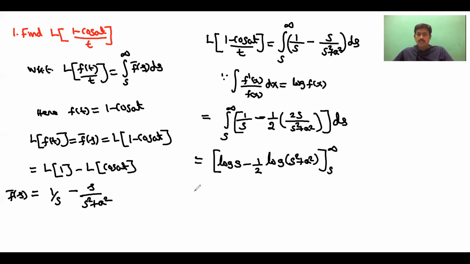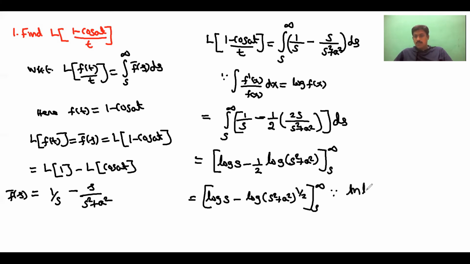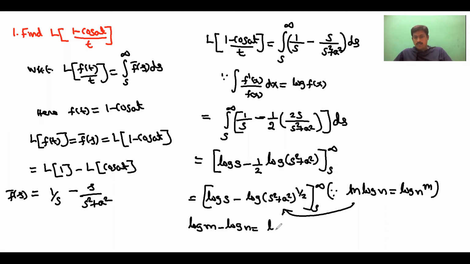Now I can rewrite the term as log s minus, I will take the 1 by 2 to the power of the term. Since m into log n can be written as log n power m, using this we have written this step. Using the log property, log m minus log n can be written as log m by n.